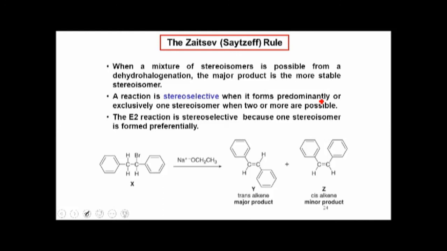Previously I have explained to you Markovnikov rule, where you want to add something to a double bond. Markovnikov is from a double bond to a single bond basically, because you are adding something. But Zaitsev, depending on how you pronounce it, is basically from something else.